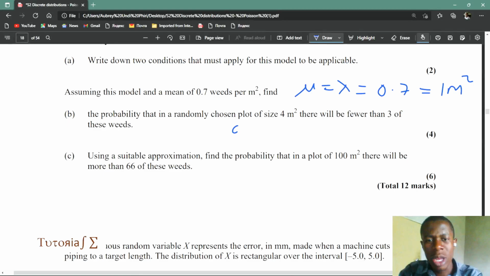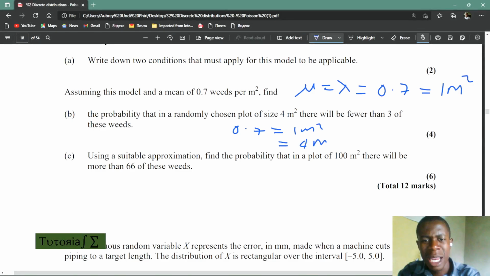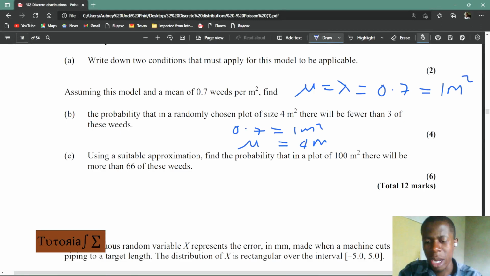So if 0.7 is equal to 1 meter squared, what will be 4 meters squared? I think I should just use lambda here instead of mu.